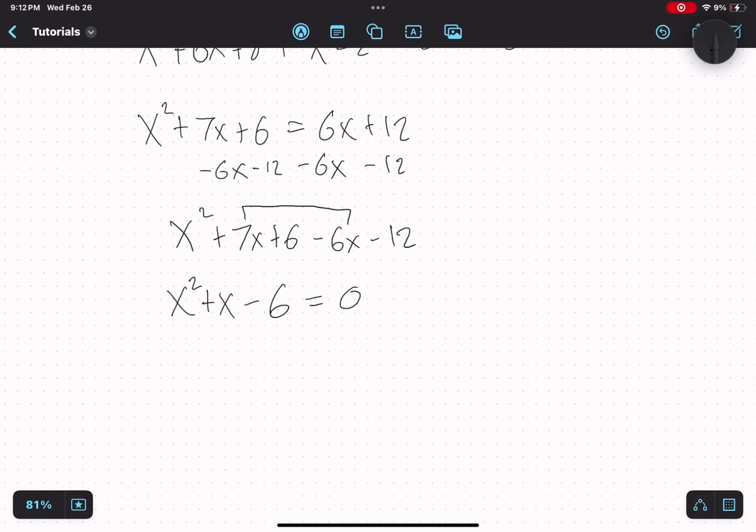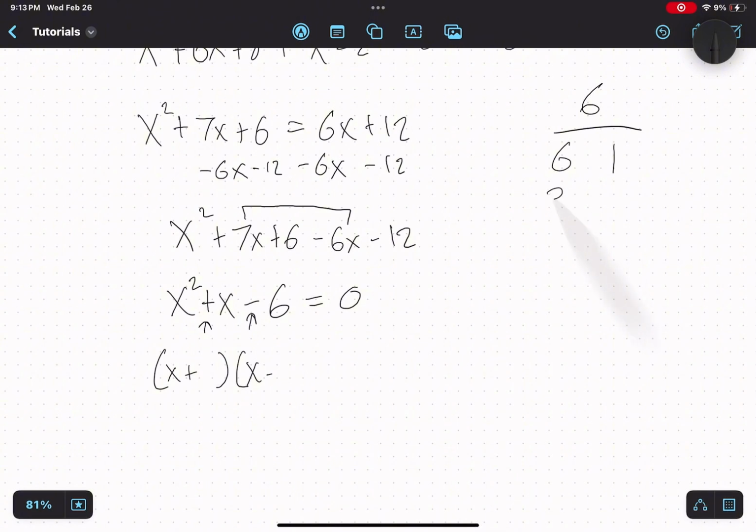And this time it has to multiply to our c value and it has to subtract to our b value. And this minus sign also means that we will have different signs in both of our factors. But this plus sign is going to tell us that the biggest factor is going to get the plus sign.